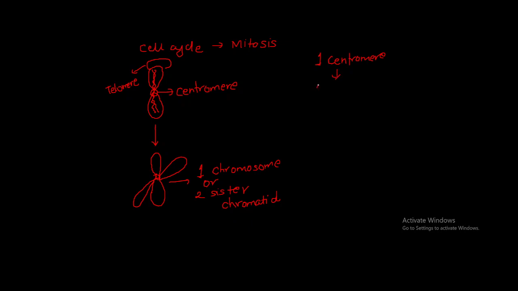So the number of chromosomes is equal to the number of centromeres, or vice versa. If there are n centromeres, you can define the number of chromosomes.